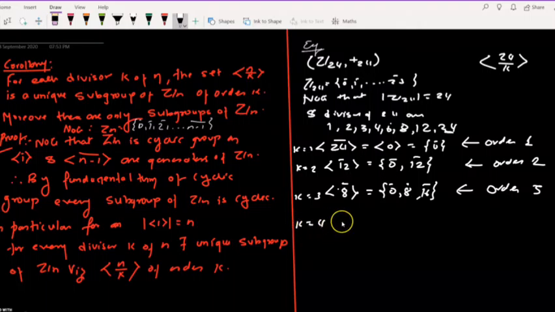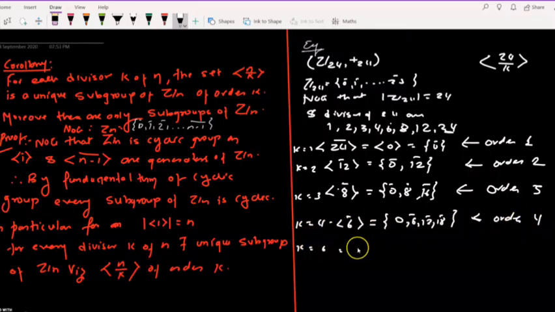For k equal to 4, this would be 6 bar: 0, 6 bar, 12 bar, 18 bar, and back to 24 bar. So the order is 4. For k equal to 6, this would be 4 bar: 0 bar, 4 bar, 8 bar, 12 bar, 16 bar, 20 bar, and back to 24, that's 0.